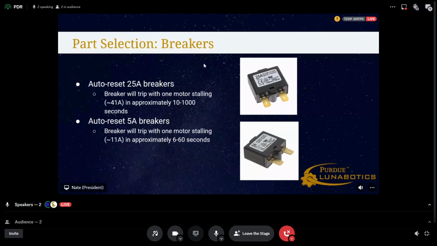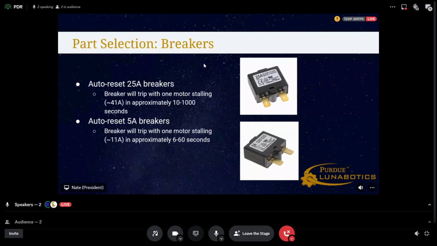It probably depends on the motor controller, the tripping time. It depends on the temperature that it's in. There are a lot of different factors that determine the tripping time, so you're not going to be able to get a per-second precise time.